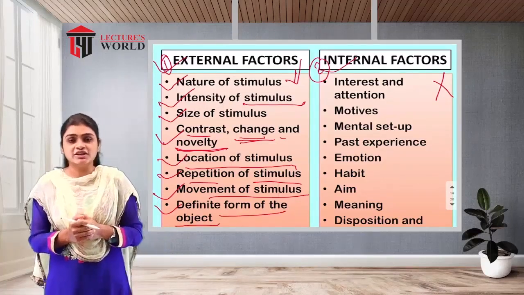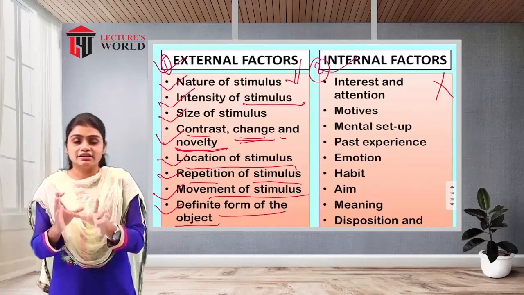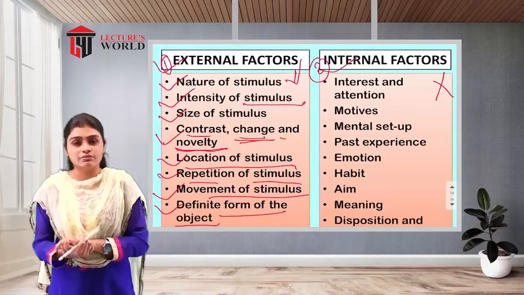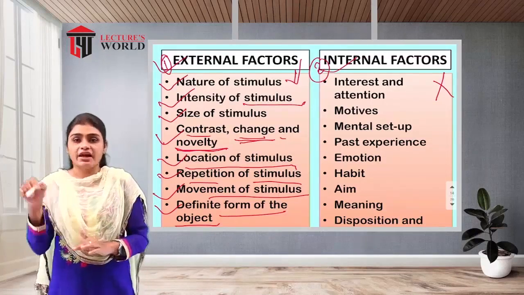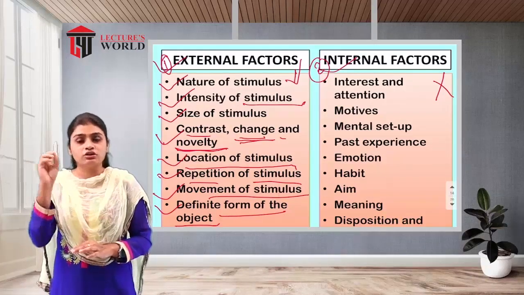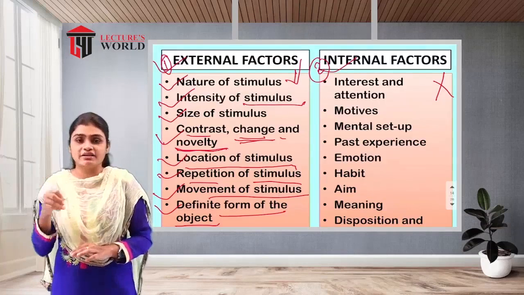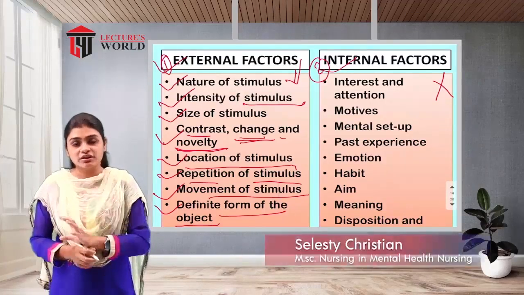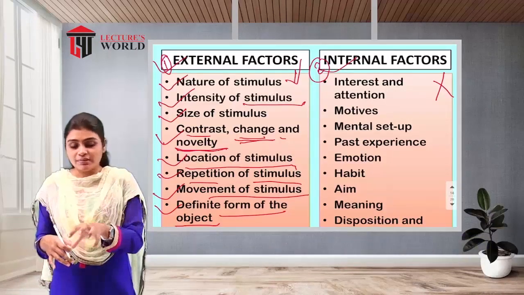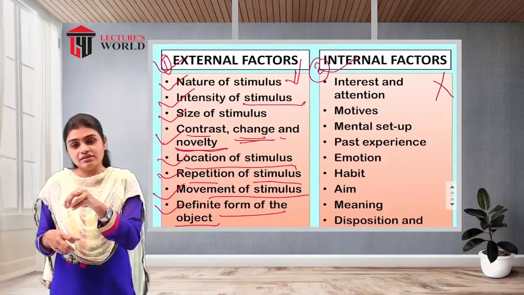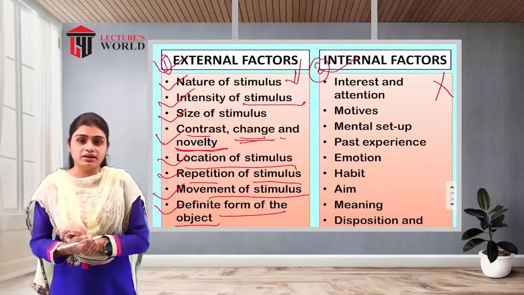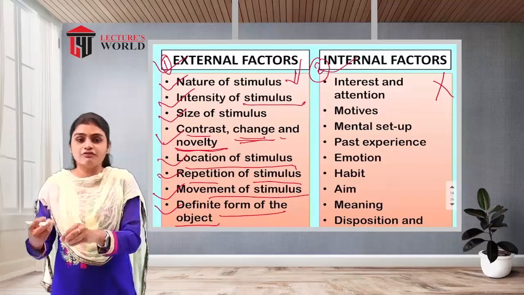Definite form of the object in the sense of clearly stated or clearly defined things will catch our attention very quickly. For an example, on a blackboard one image has been drawn which has clear lining or curves, the definite form it has. So at that time our attention will go quickly over that. At the same time, if on the table one thing is placed which is the same color as the tablecloth, that is not going to catch our attention very quickly because we are not able to differentiate that.